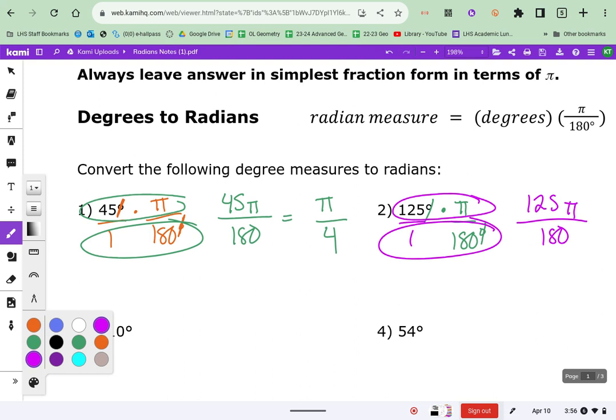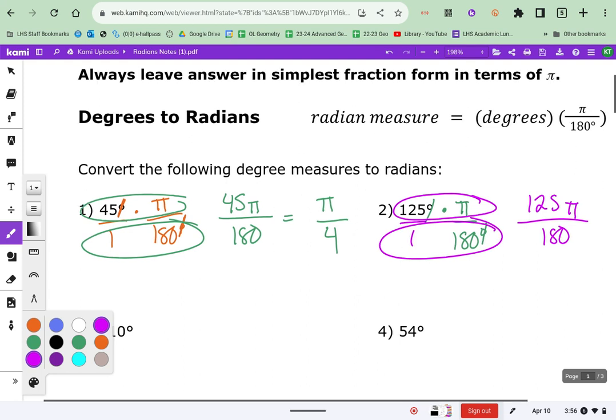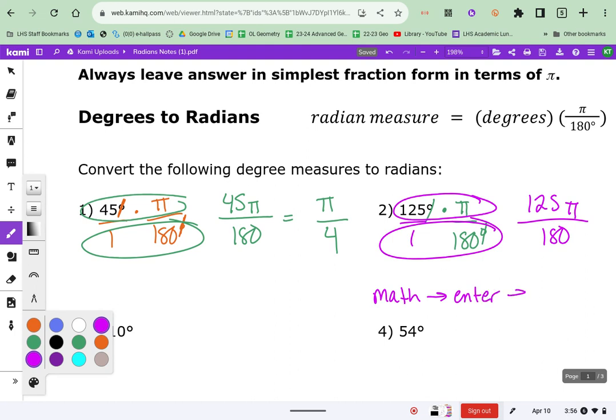So in case you don't know the nifty shortcut on your calculator, you can click on the math button, which is the third button down on the left underneath the green one, and then you click enter twice. And it will convert your previous decimal into a fraction. So 125 divided by 180, math enter, enter, gives me 25 pi over 36 radians is equivalent to 125 degrees.